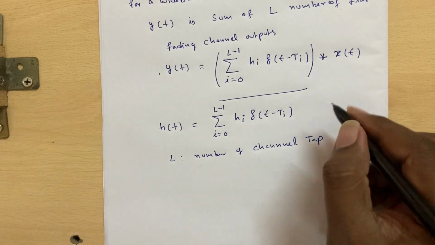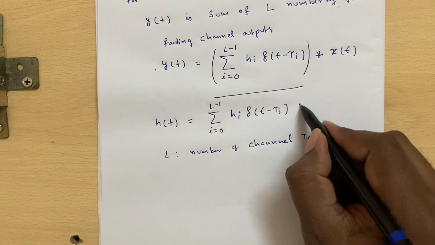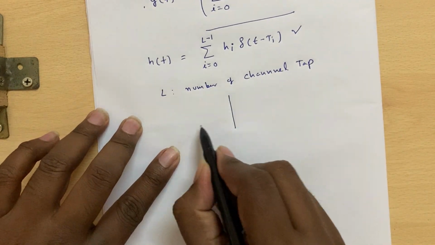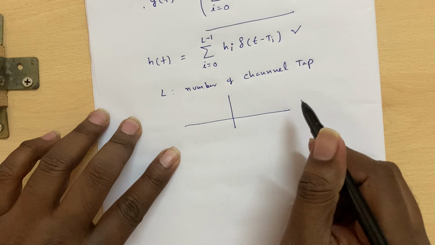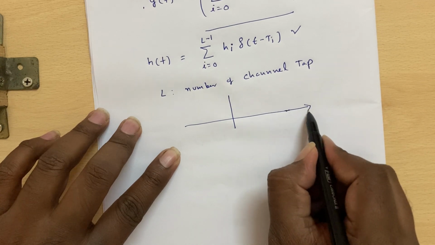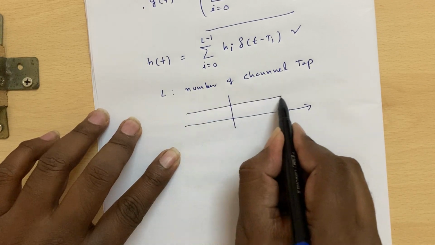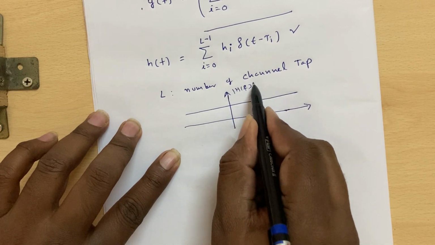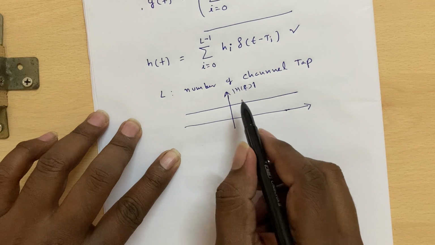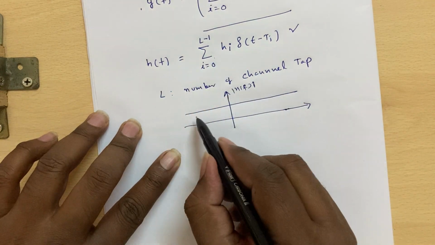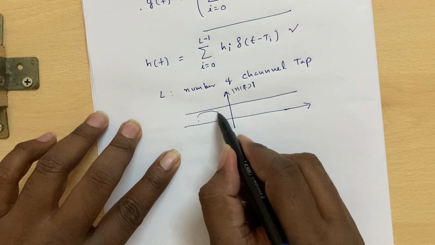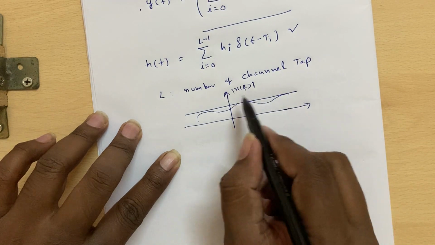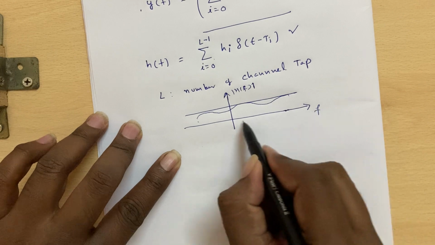Now if we plot the frequency response of such an impulse response, if there is one tap or one impulse present in the channel impulse response, we had a flat response. And if there are two taps present in the impulse response, we will have something like a slowly varying magnitude response of the channel.